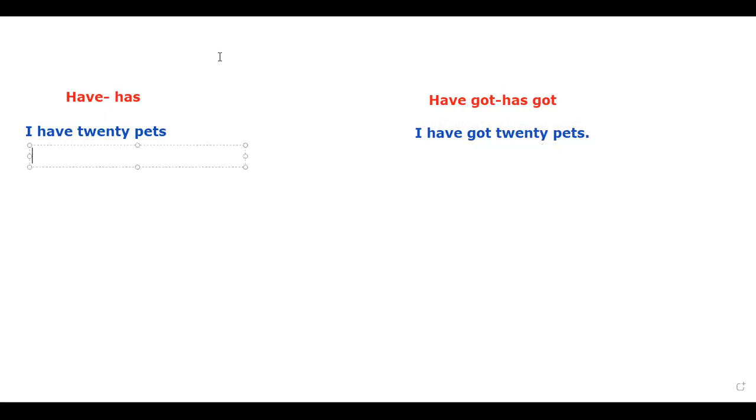What happens if I am saying it in negative, okay? In negative, I am going to say, I don't, because we are going to use the simple present, okay? I don't have 20 pets, okay? I don't have 20 pets.